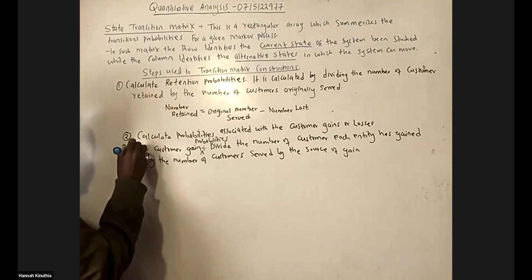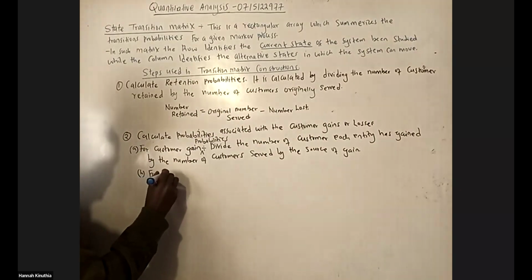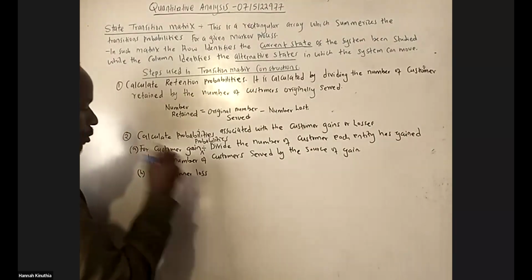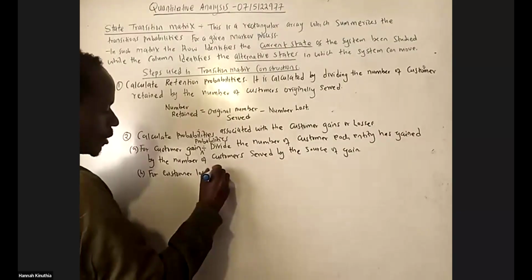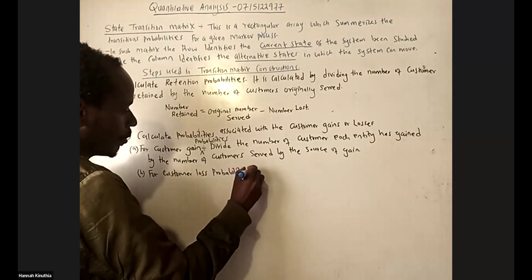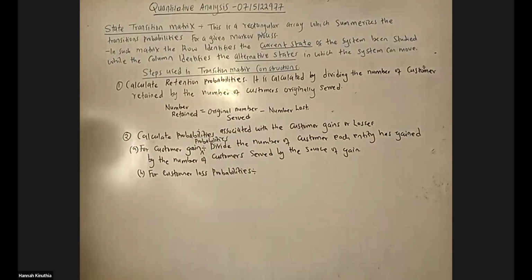So that's A. Number B, for customer loss probabilities.